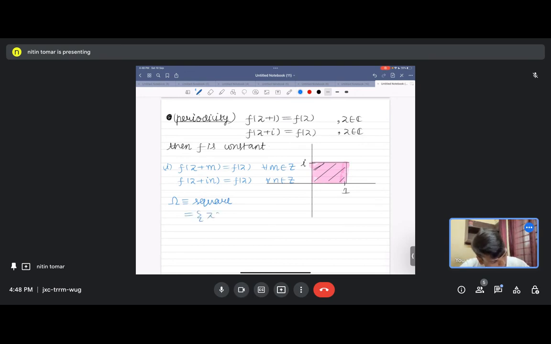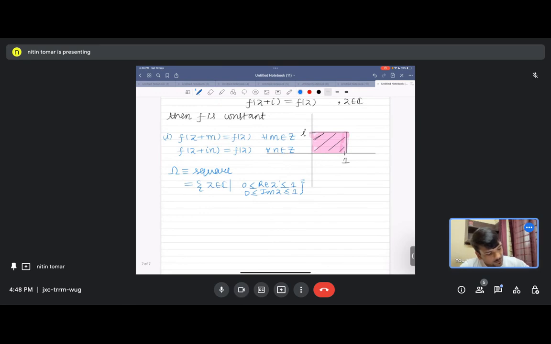This is the set of z such that the real part of z is between 0 and 1, and the imaginary part of z is also between 0 and 1. This is the square, right? Then can I say that f of C is same as f of omega?